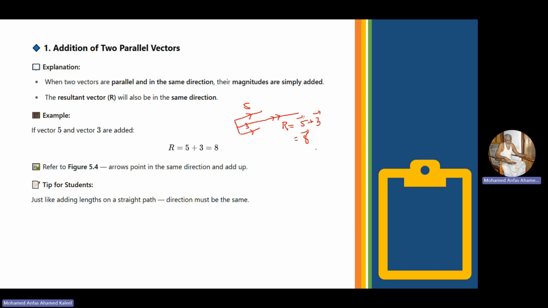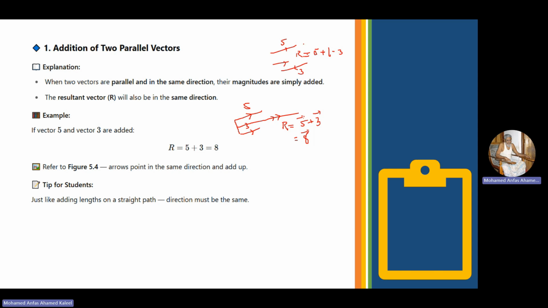Let's say the two vectors are opposing each other, and this one is 3. So the resultant vector in this direction, R, is equal to 5 plus minus 3. Why?